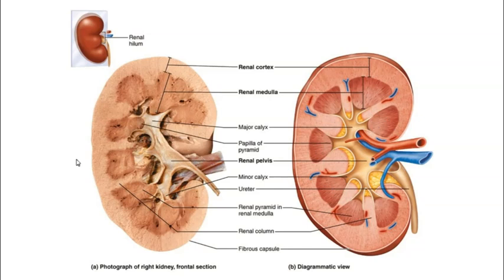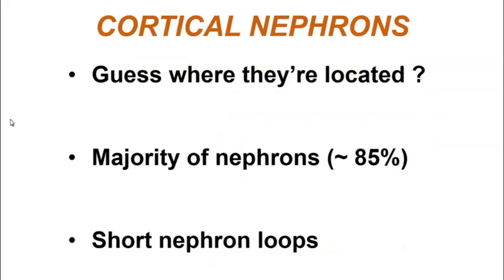All of those collecting ducts terminate at the papilla of the renal pyramids here, and the substance that comes out of those collecting ducts is urine, and that urine will be directed into the ureter towards the urinary bladder.